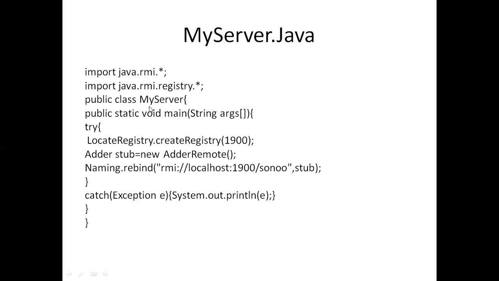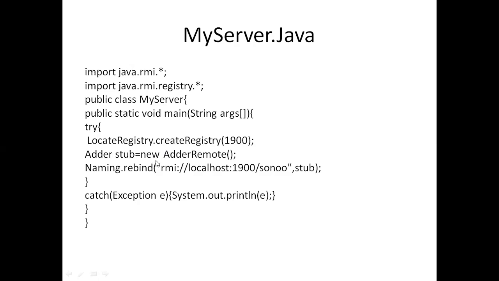My server name is MyServer. First I have to register my server. This is the port number. 1900 is my server port number. I am registering my server with the registry: LocateRegistry.createRegistry(1900).